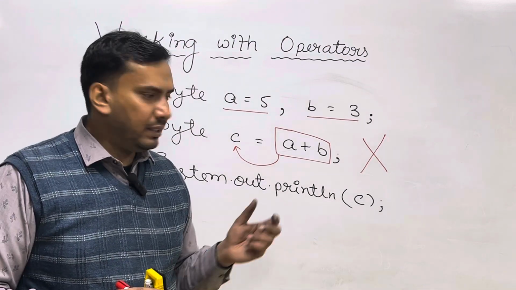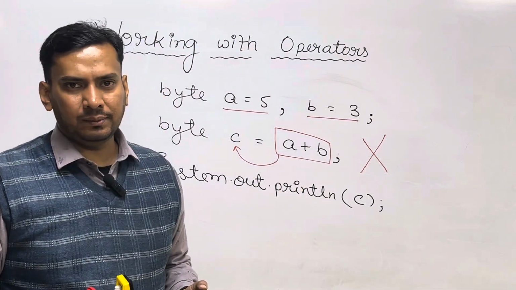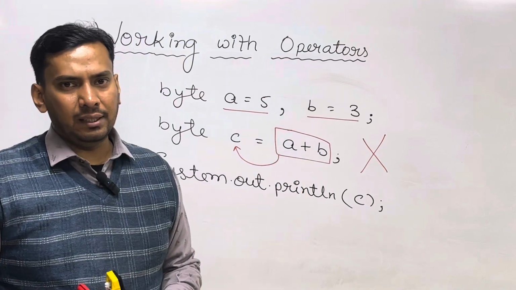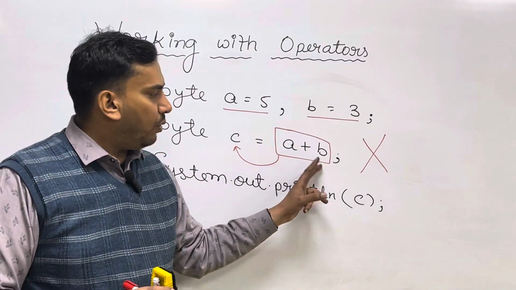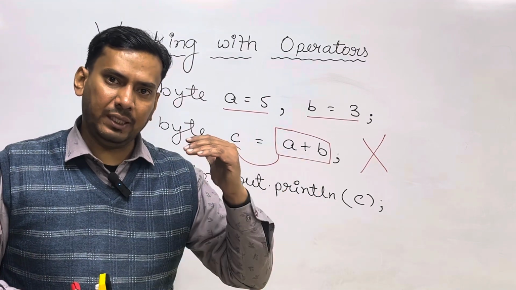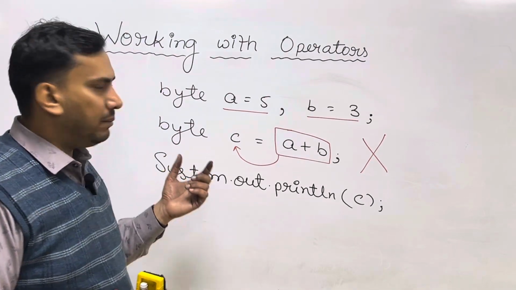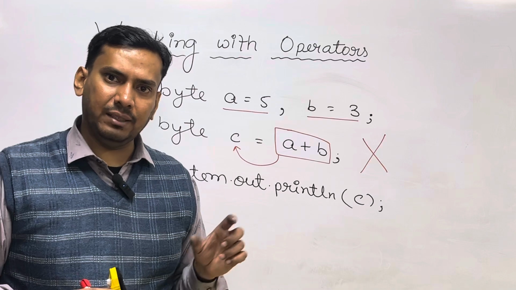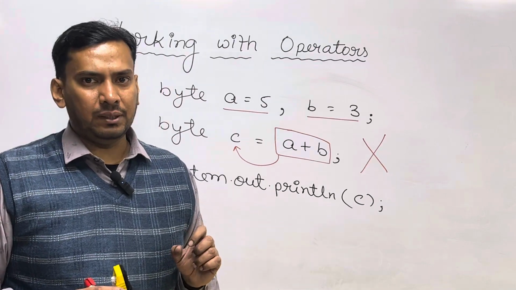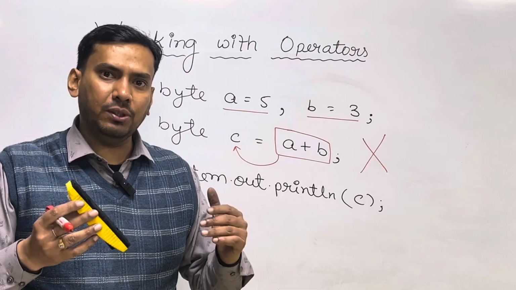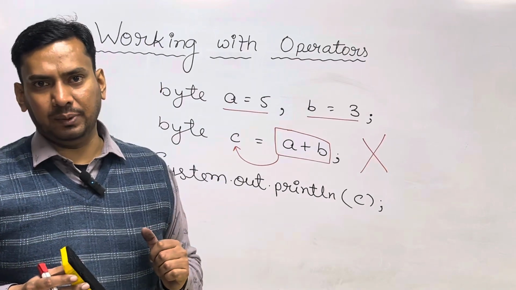The first one is, whenever an operator is applied, like this plus operator, both the operands will be brought to the same level. If one variable is of byte type and the other is of short type, both will be of the same type before applying the operator.